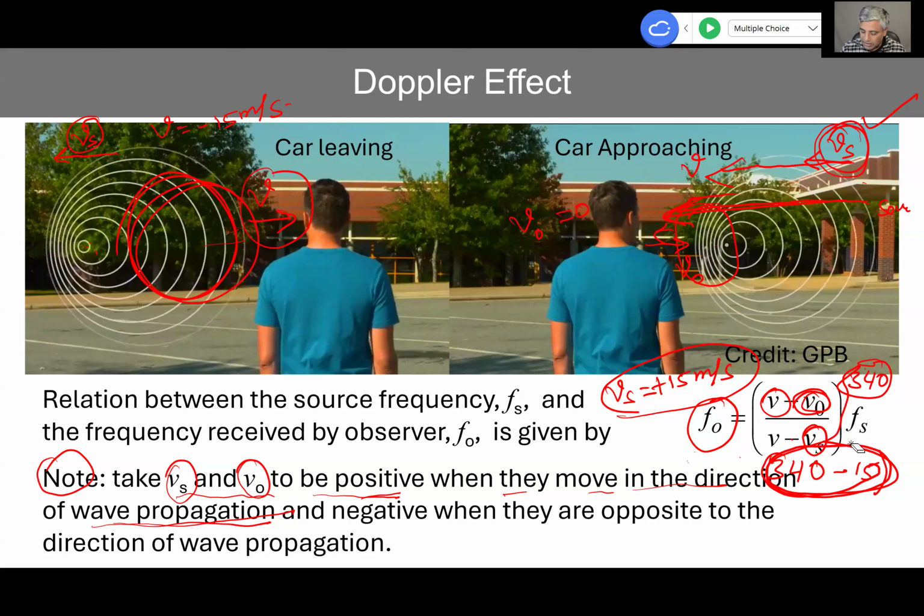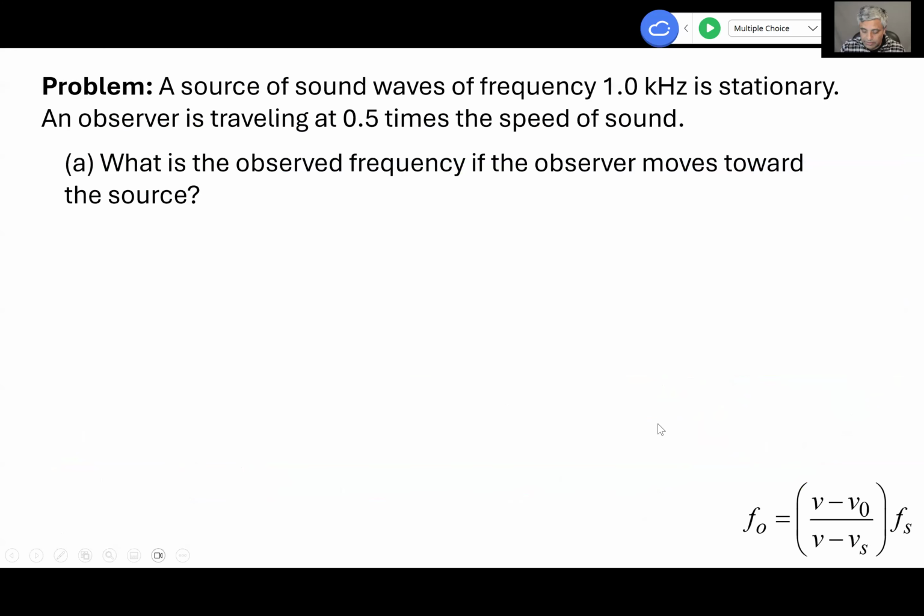So this negative and that negative becomes positive, and this gets added, which means the denominator is now larger than the numerator V, so the frequency we calculate is going to be smaller. Okay. So I think I have a problem here.